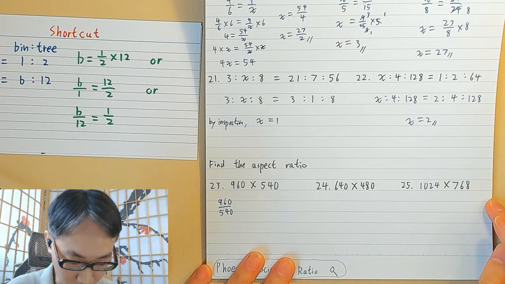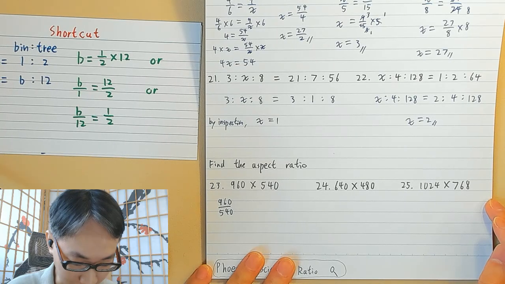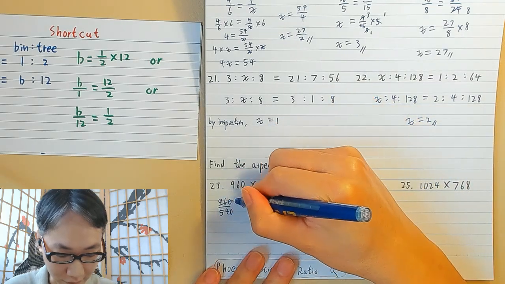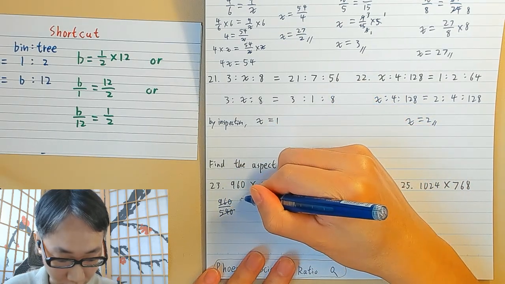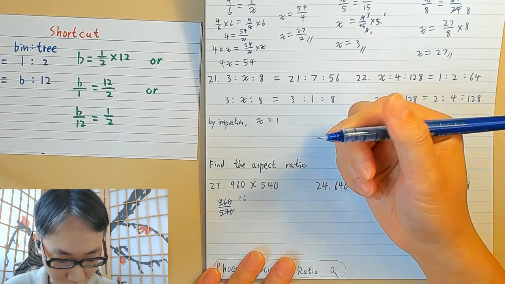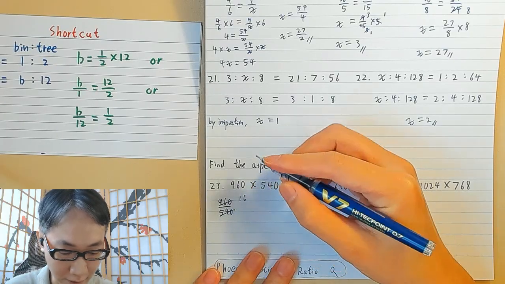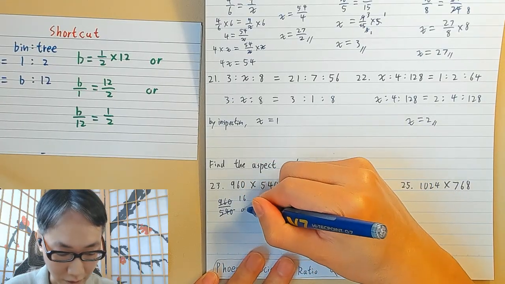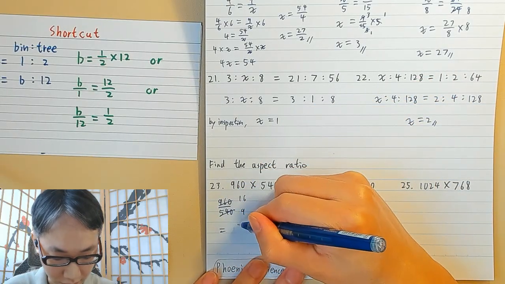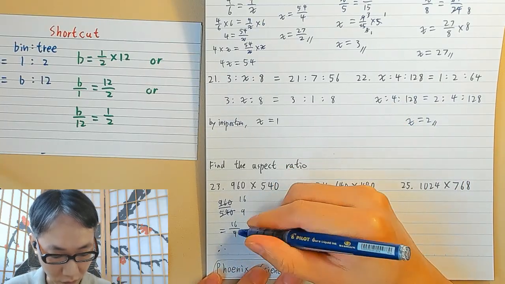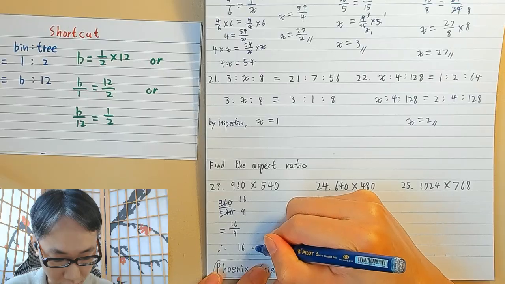So the HCF will be, oh, this is tough. 60, yeah. So we divide both by 60. This will be 16. 540 divided by 60 is 9. So this is 16 over 9, which means the aspect ratio is 16 to 9.